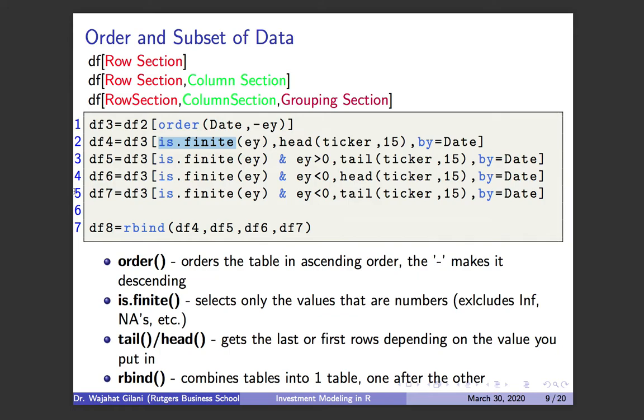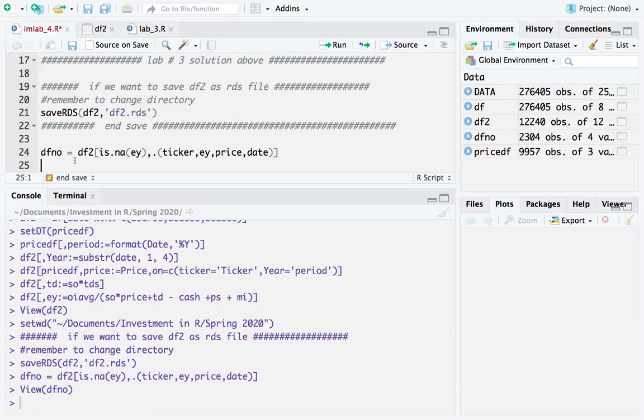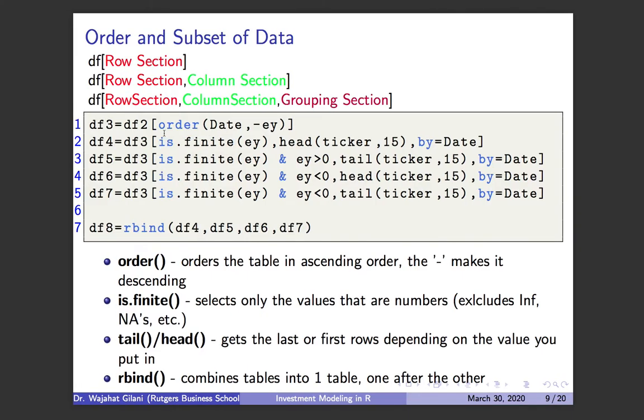And the reason why I would want to use is.finite is because is.finite allows me to grab data where the EY is a number. Because yes, we want to get rid of the NAs, but what about the infinities?